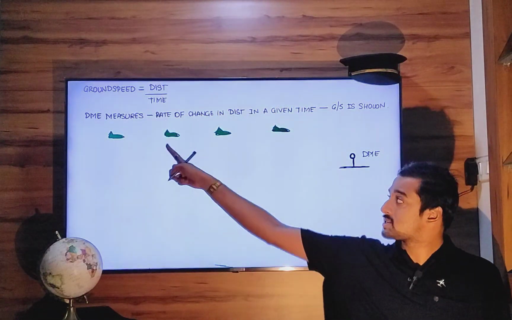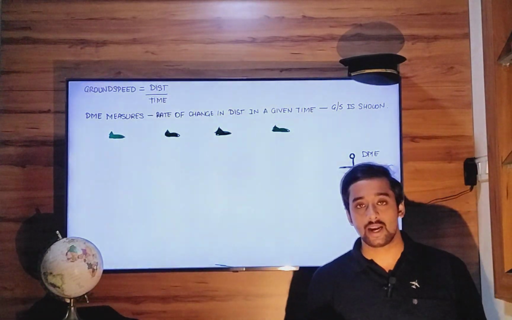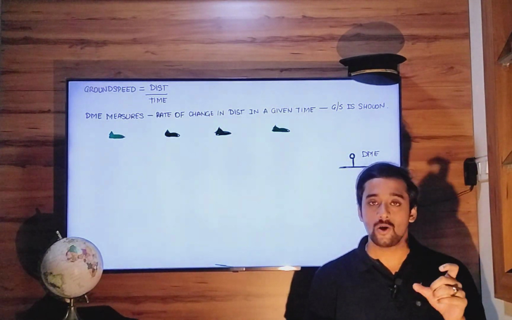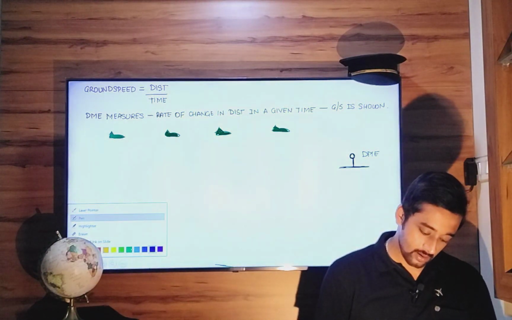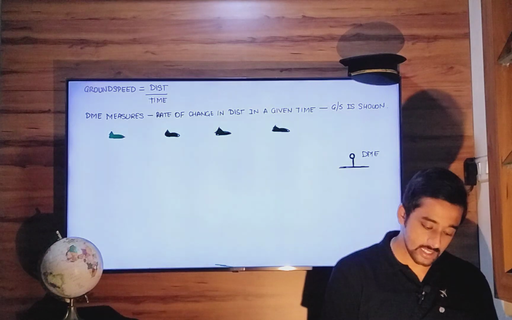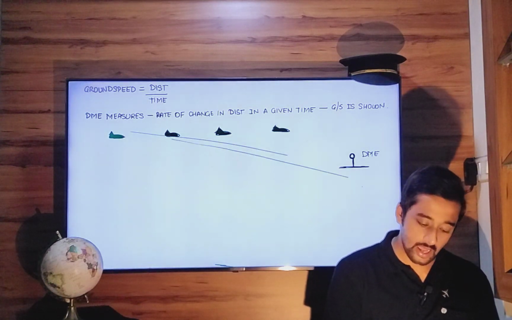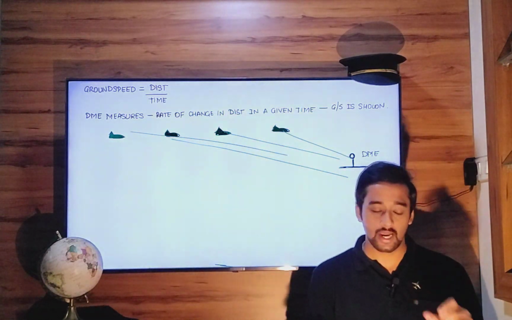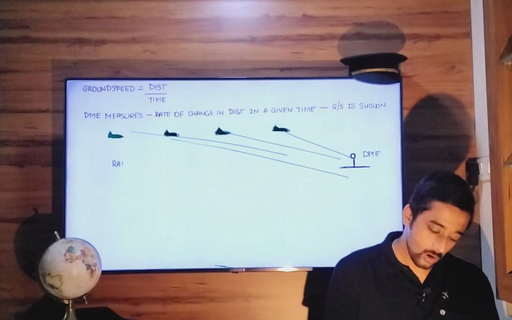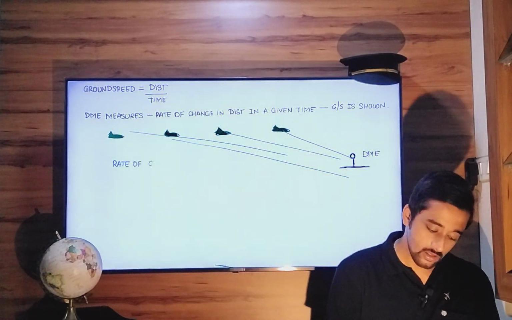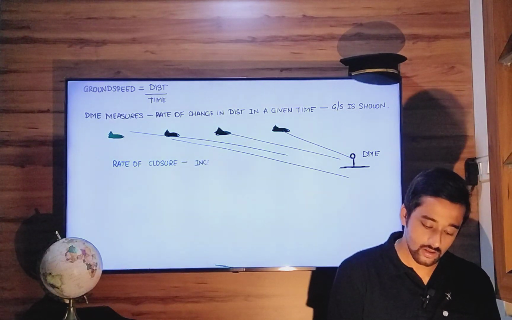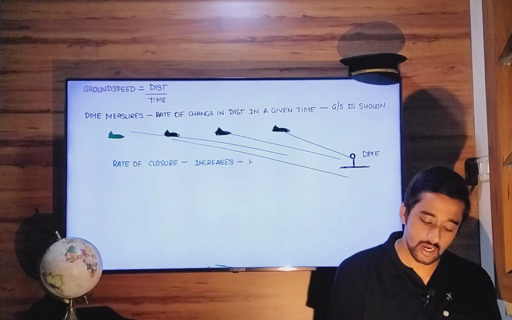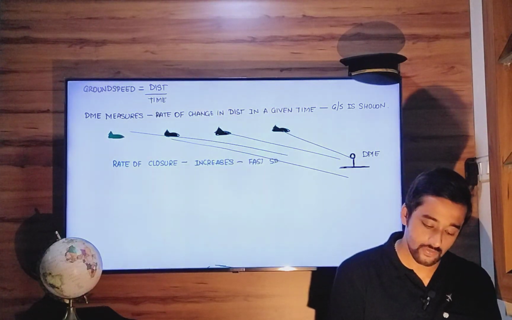If you are approaching this DME station at a very fast rate, the rate of closure increases if your speed is fast, right?